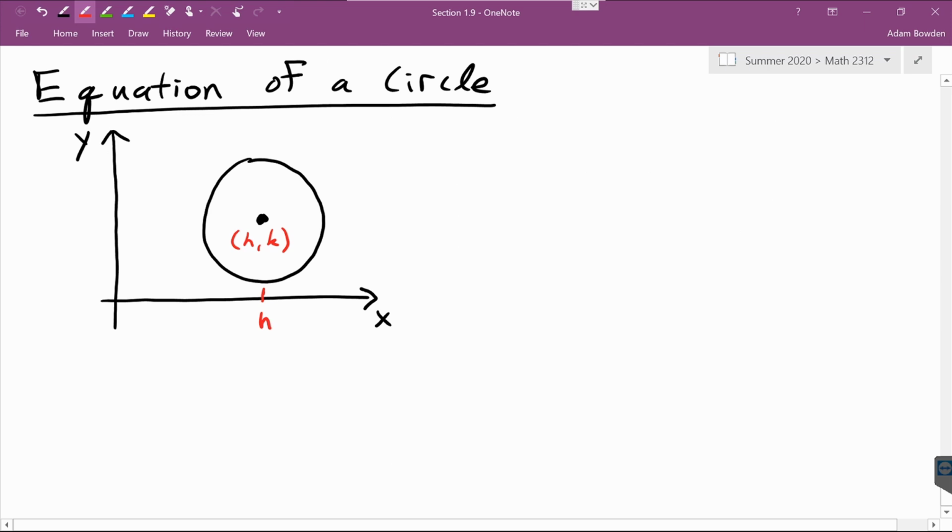H for the x and k for the y coordinate. And then another important part of a circle is its radius. So we're going to use r to stand in for its radius coming from the center onto the circumference of it. And then that point on the circumference, we'll call that x, y.